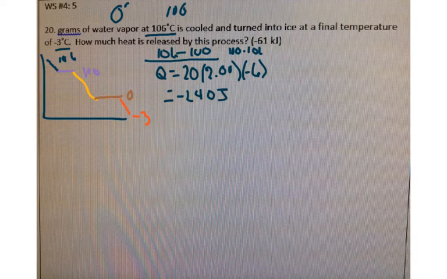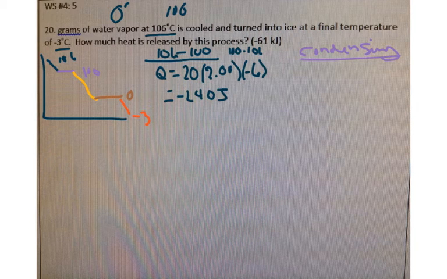Now I want to deal with that phase change of condensing, so I'm going to write down condensing. Anytime you are undergoing a phase change, you use Q equals HM. In this case, you are undergoing condensation, which is a gas to a liquid, and your H value is -2,260. Why is it negative?